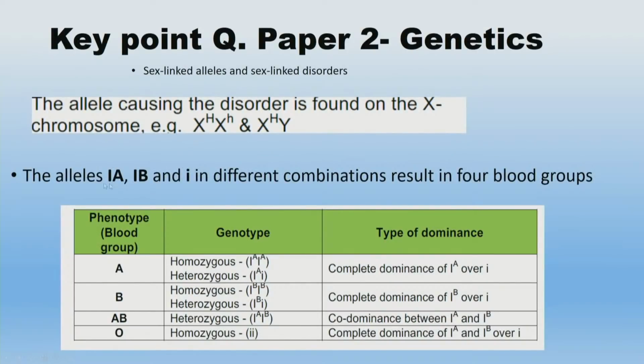On this one, again, the alleles A, B, and i are different combinations that result in 4 blood groups. So there are 4 blood groups: A, B, AB and O. But there are only an A allele, a B allele, and a small letter i allele for blood groups. And this is how we write the different blood groups.